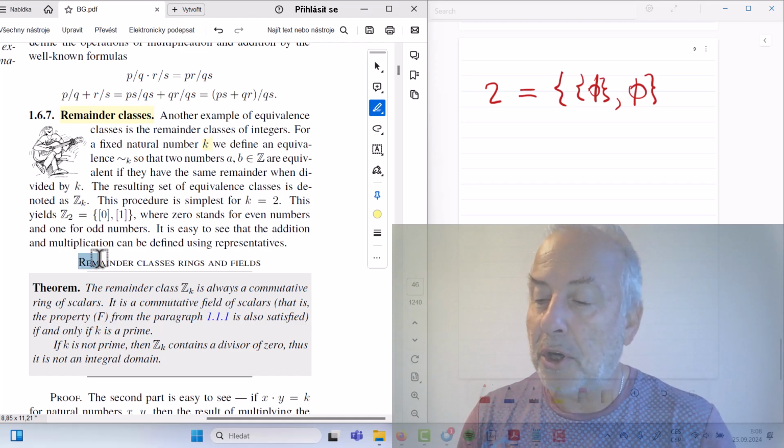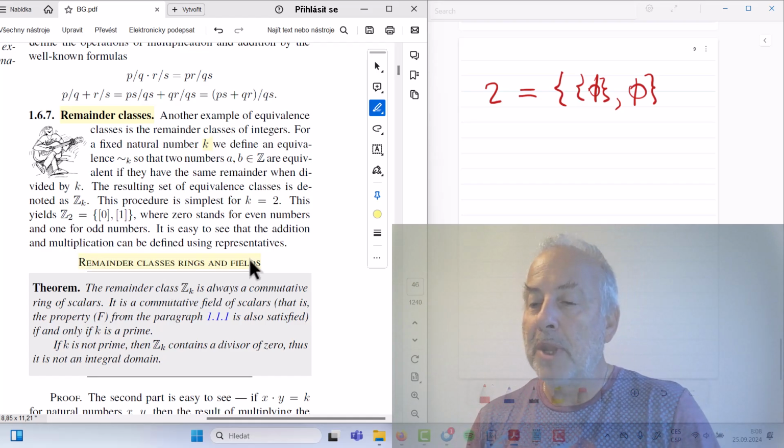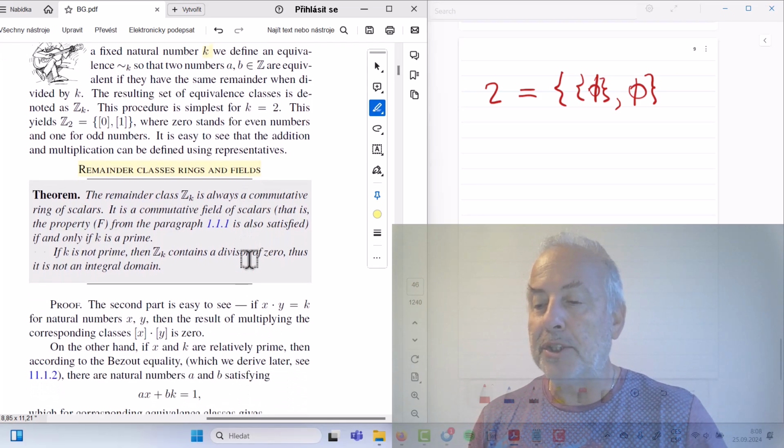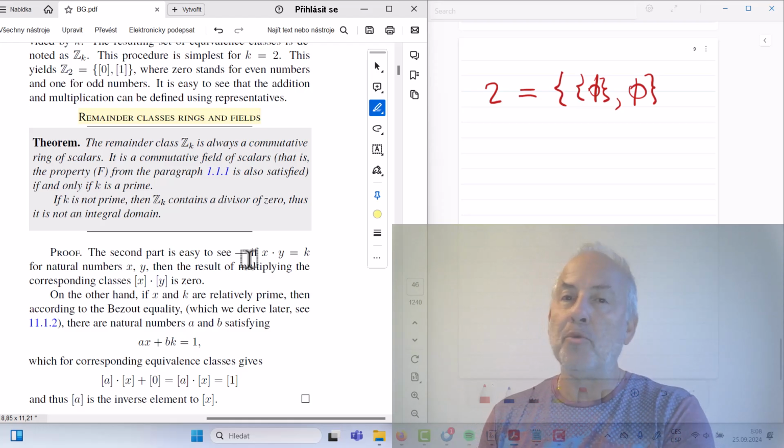So these are the remainder classes, and it's a nice thing, and we can't prove it in all details.